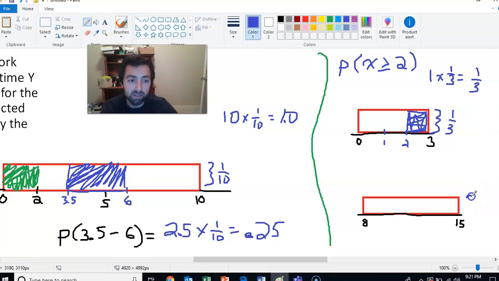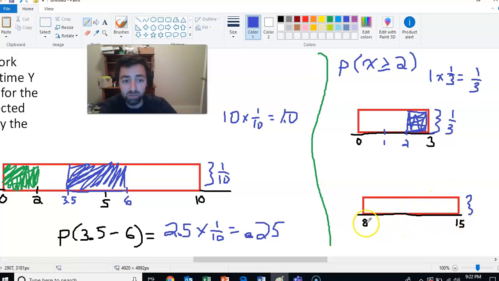Now, what's the height of this one going to be? Here, x can be anywhere between 8 and 15, whatever this variable is. We can make it the time to finish some task, and it takes anywhere from 8 to 15 minutes. Each of these possible time values is equally likely because our height is constant throughout. Well, what's the length here?